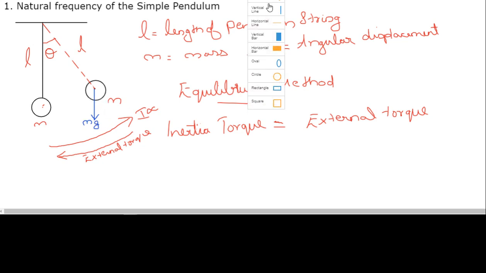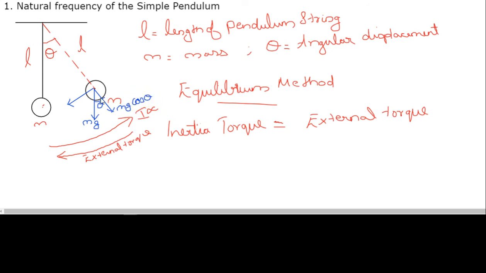Next, because this is an angular position, there will be component forces acting. If that angle is theta, then this is also equal to theta. So this will be mg cos theta, the horizontal component, and this will be mg sin theta.